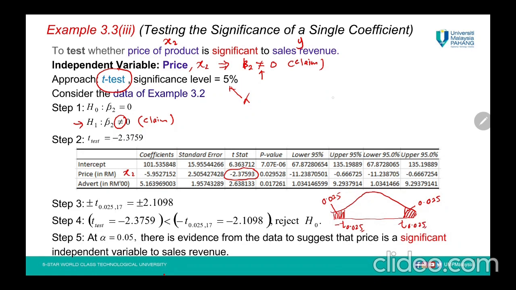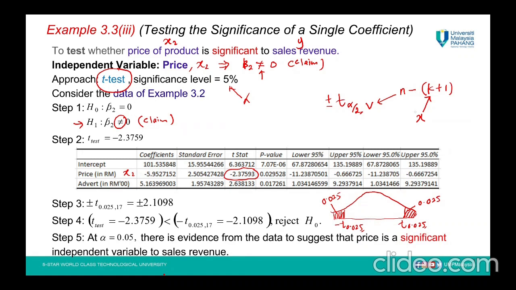In general, for this test, the critical value is plus minus t alpha over 2 with degrees of freedom nu, where nu is equal to n, the number of data, minus k plus 1, where k is the number of independent variables that we have.